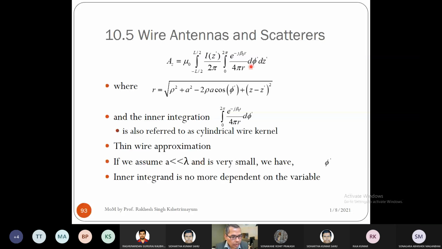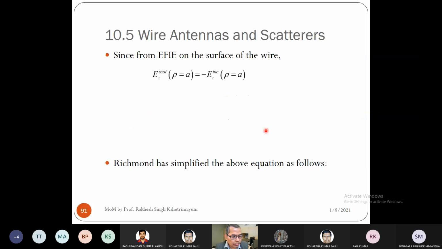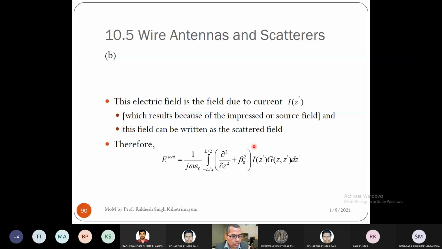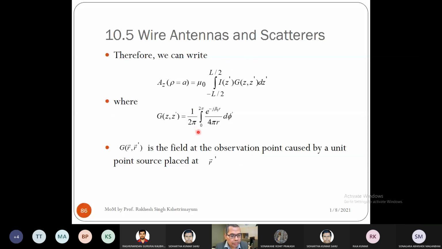So the Green's function for the wire antenna was very complicated. Let's just look at it. This whole expression inside the integration: 1 by 2 pi integration from 0 to 2 pi exponential minus j beta R by 4 pi R d phi dash.